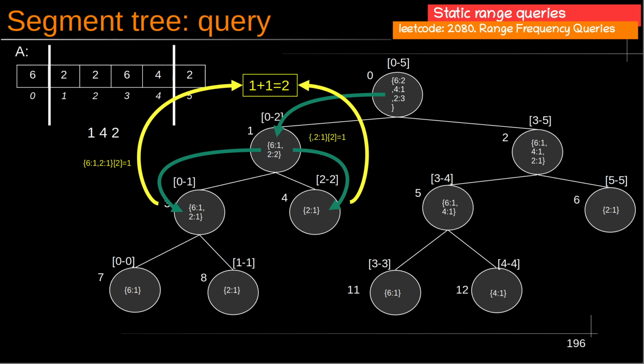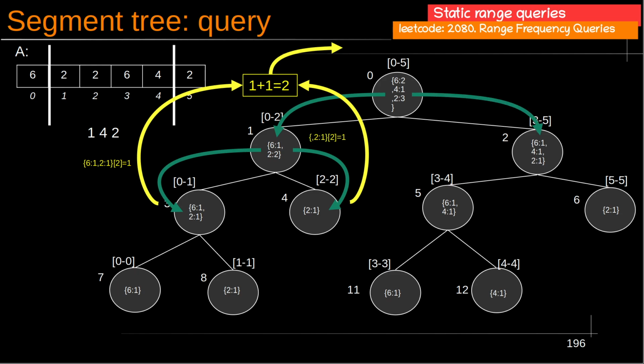Because I have returned the result from the right side, and from the left side we have another result, we can merge them or add them together. 1 plus 1 is equal to 2. Which means from 0 to 2, we have 2 twos.